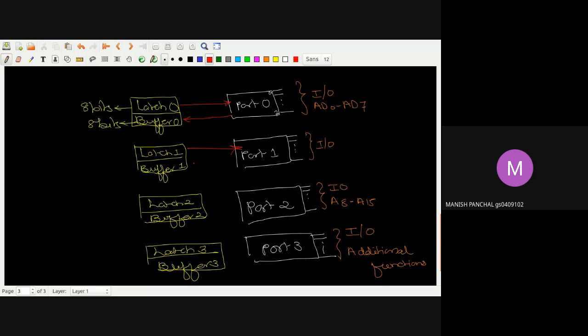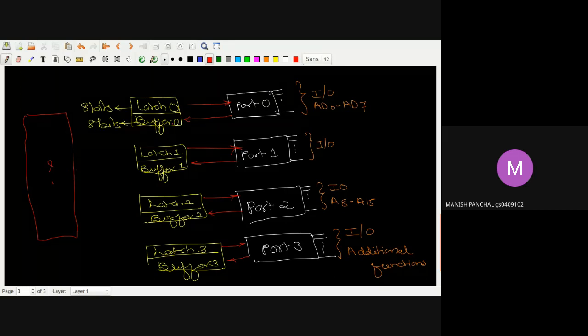I asked the question whether I am drawing the correct direction for the data transfer. Answer yes, because now what is here? If I draw a black box like this, what is in the black box? For example, this is your microcontroller. Inside this, obviously, there will be some calculating unit which transfers the data after the calculation to the corresponding port.